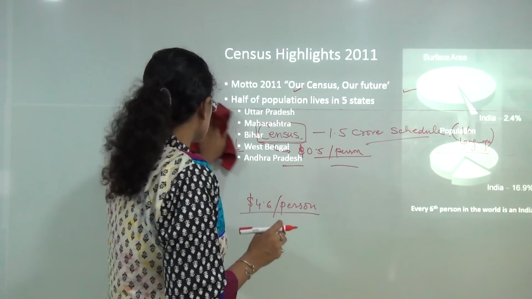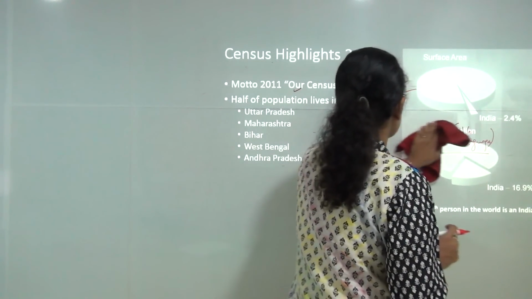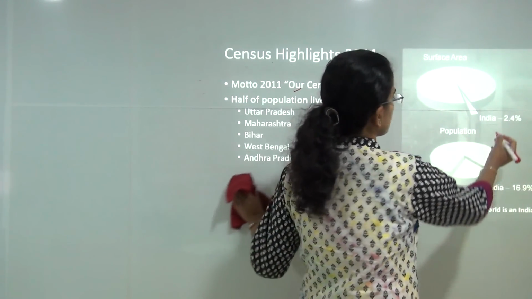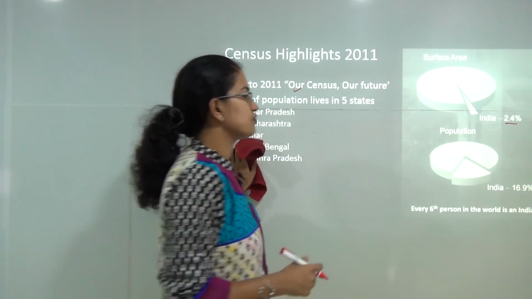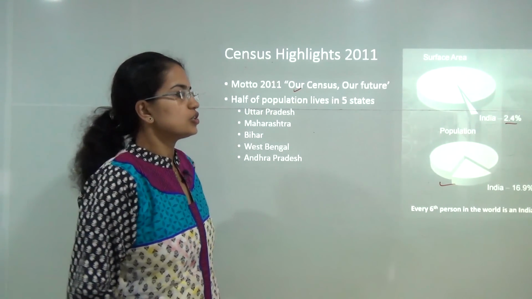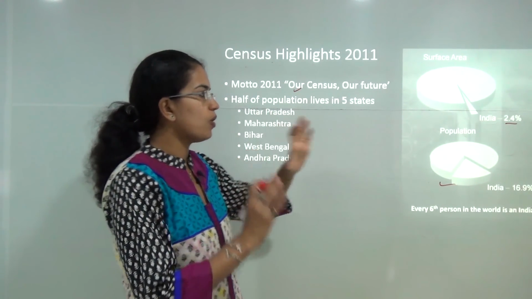The main thing that we must understand here is, in the world if we look around, every sixth person is an Indian. So India accounts for nearly 2.4% of the world's total area, but accounts for nearly 16.9% of the global population. So you have a huge number of people surviving on a small piece of land.